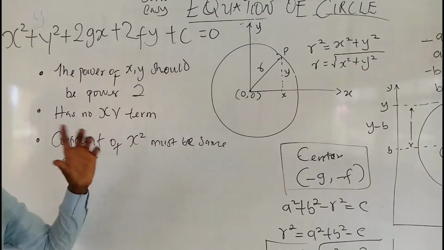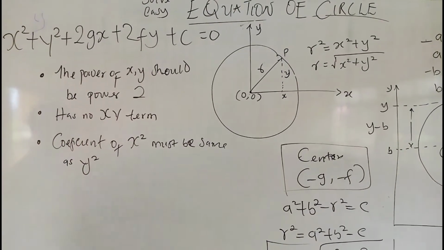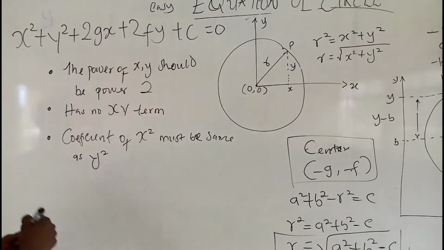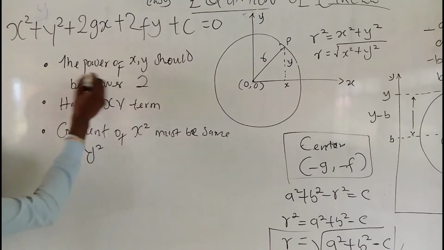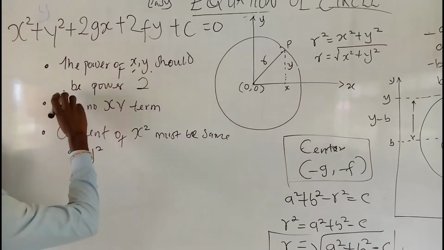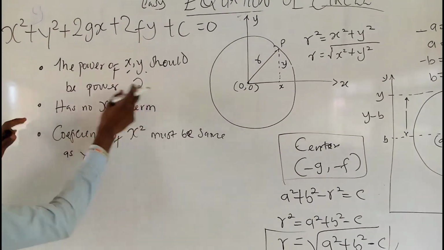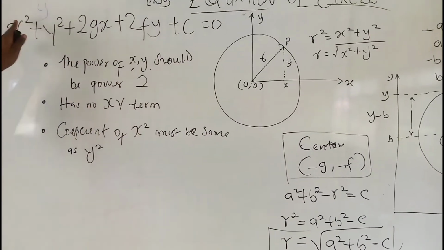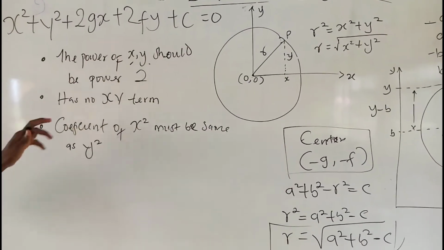Finally, what I want us to take note of, to identify the equation of a circle, is that the power of x and y should be 2, for example x squared, y squared. It shouldn't be the power of 3 or 4, just the power of 2.